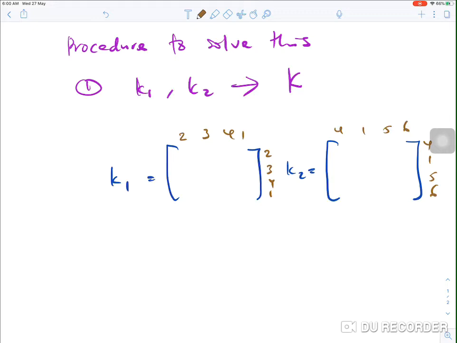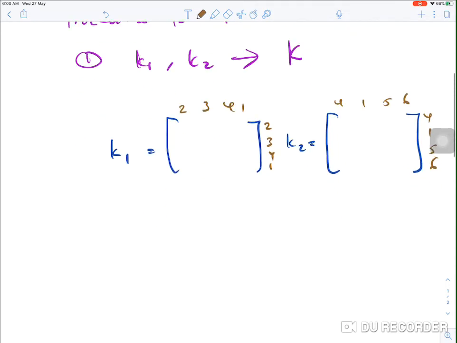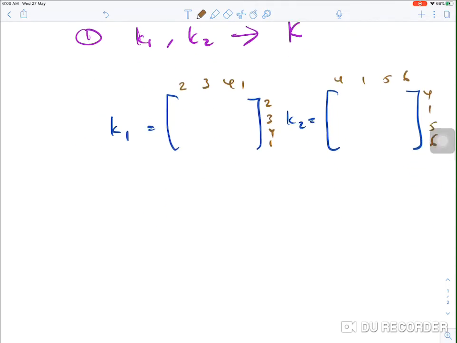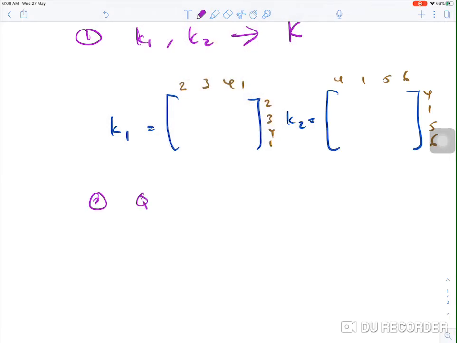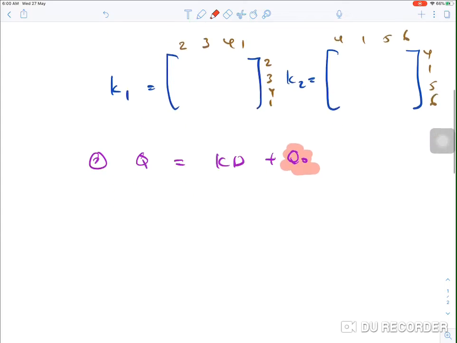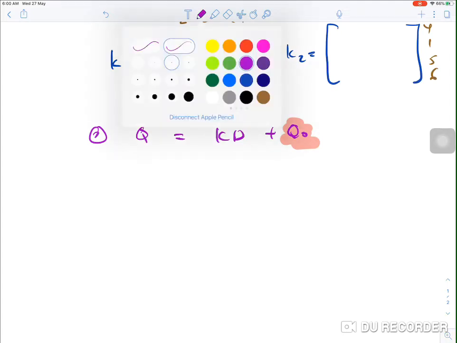In order to solve for the unknown displacement located at node number 2, we have to use this equation: Q is equal to KD plus Q naught. What I want to highlight here is Q naught. Now what is Q naught? Q naught is equivalent nodal forces.